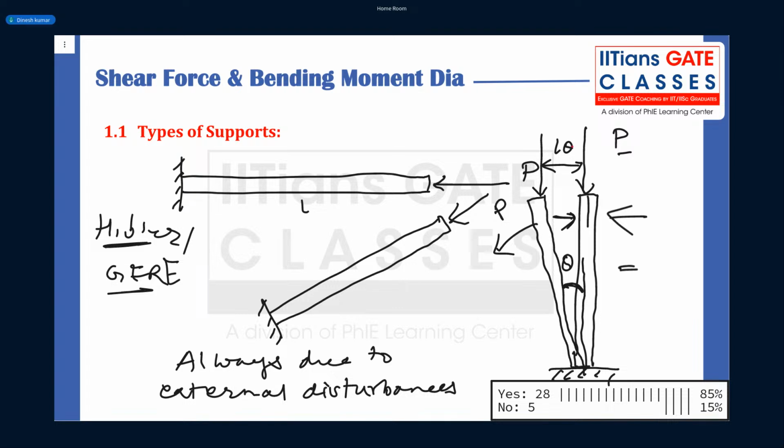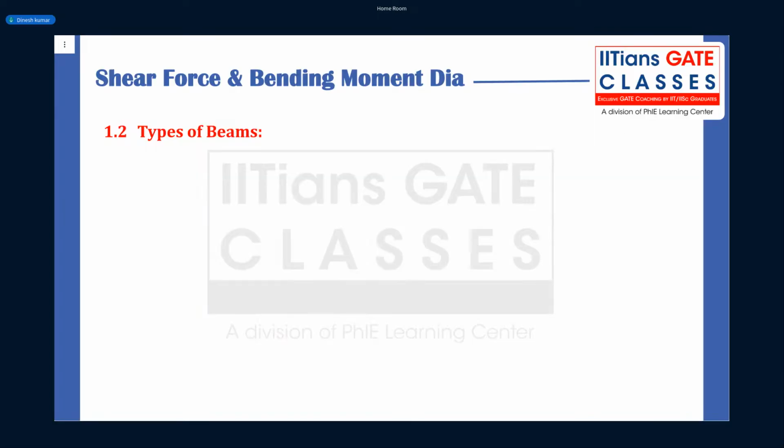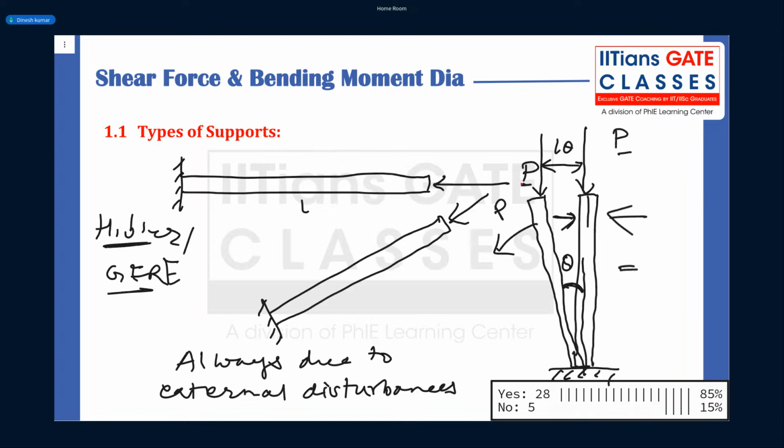So this L theta into P is what, guys? The moment created by this P load, right? Now tell me, guys, this L theta into P about this support acts in what? Clockwise or anti-clockwise?